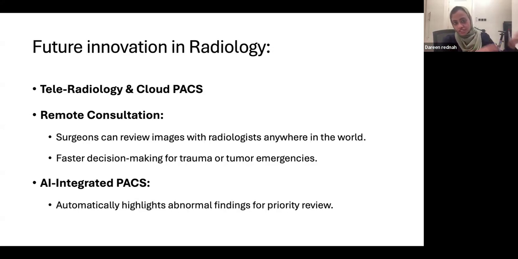The radiologist in Jeddah writes the report and I can see it in Riyadh. For a specialty like musculoskeletal oncology, radiologists are not very common, so they work with different hospitals for teleradiology, just to have access to an excellent radiologist.